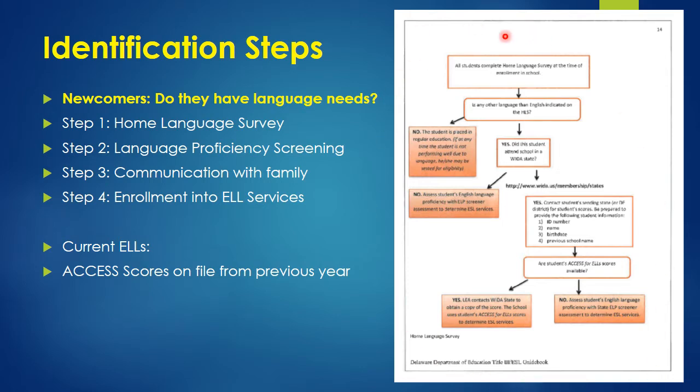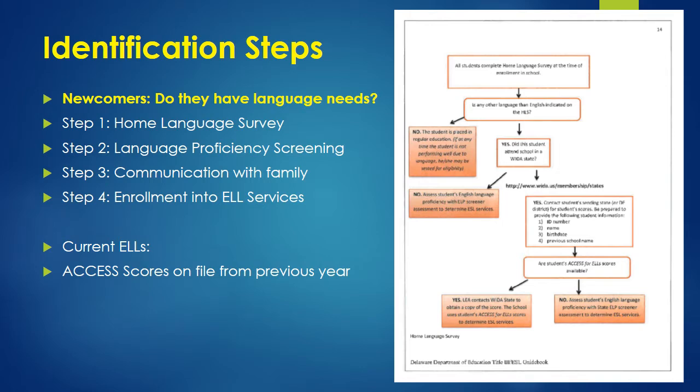I know we can't read it very well here on this PowerPoint, but you can download it and refer to it anytime you need to know what steps to do first, and then depending on the results of those steps, what to do after that. So it's a useful flow chart, and it's actually in the ESL guidebook that's posted on the DOE website.